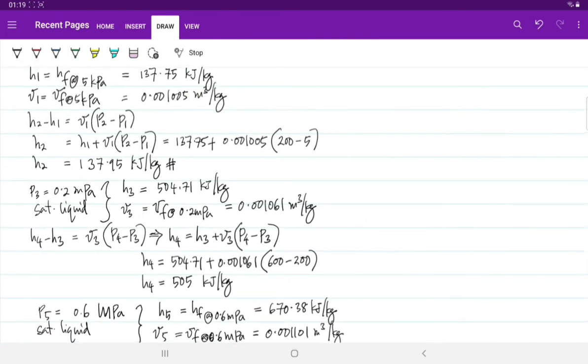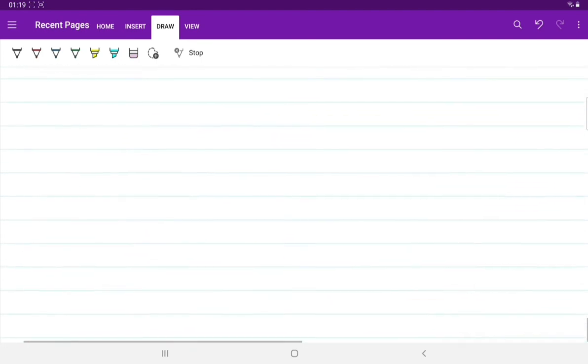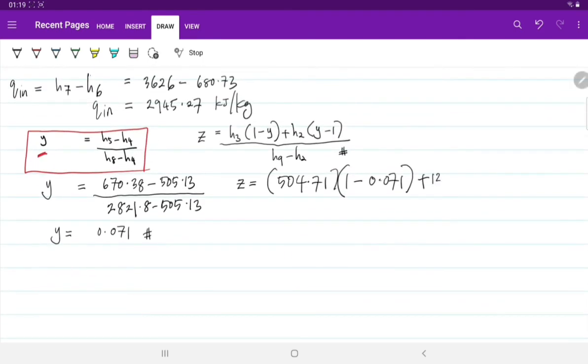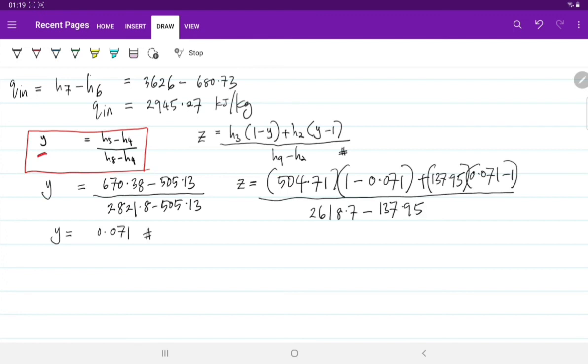So our H2 is 137.95. Y minus 1, 0.071 minus 1, H9 minus H2. 2618.7 minus 137.95.